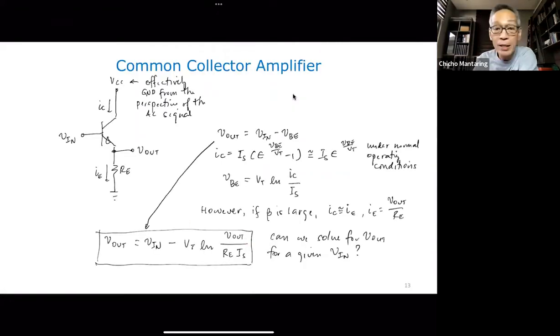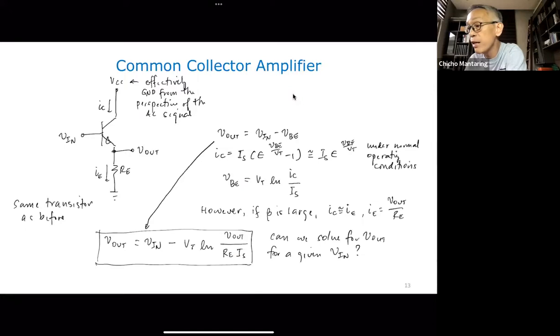By the way, this is assuming the same transistor as before. And the value of RE, I can't remember, I might have used the same value of RE, 2K. RE equal to 2K.